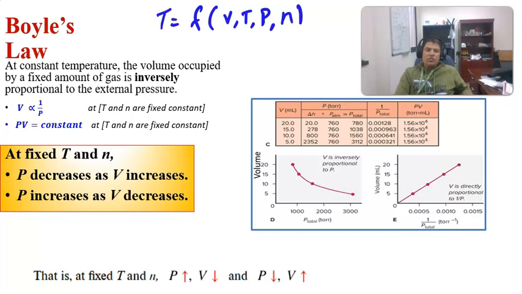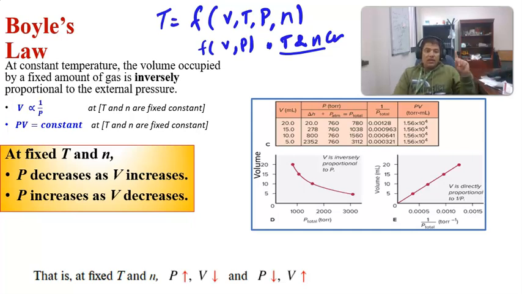Boyle's law is a function of volume and pressure, and the temperature and the number of moles are constant. So when the temperature is fixed, you are not changing the temperature, and the number of gas molecules is also fixed, you are not adding any further, then the volume of that gas is inversely proportional to the pressure.